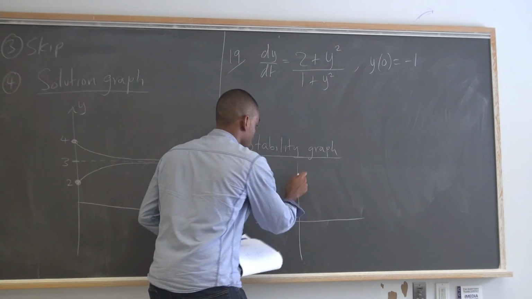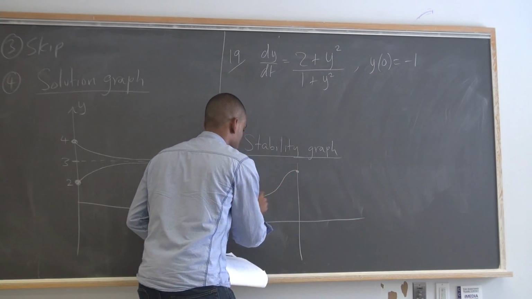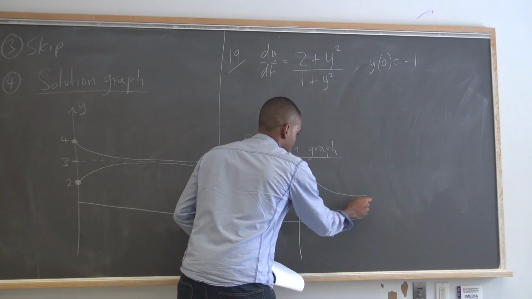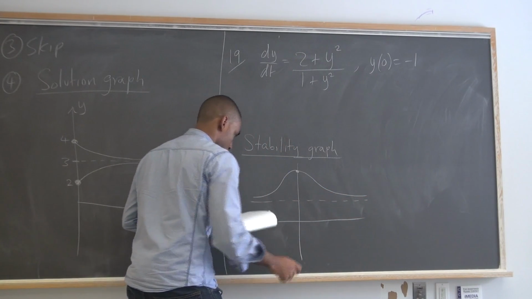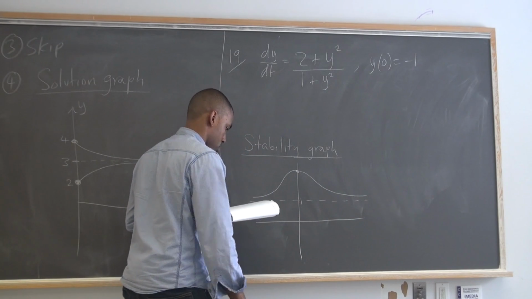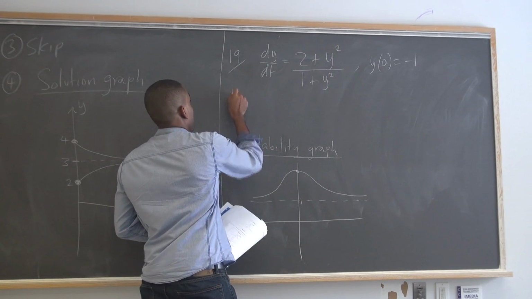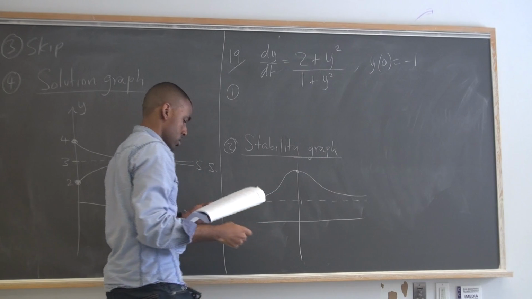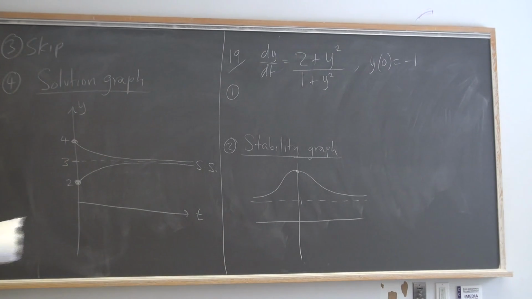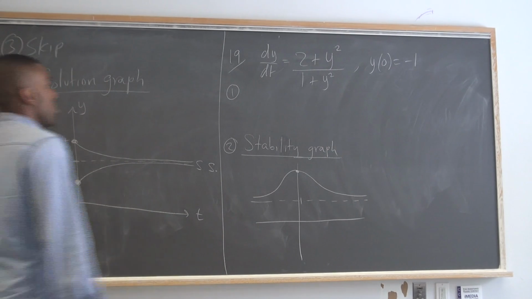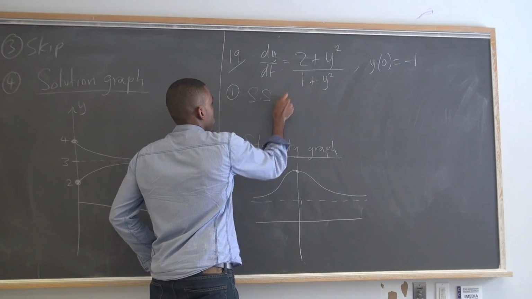So this was given, so all you have to do really is the analysis on this. So that was done for you, part 2. So part 1 is something we had to do.